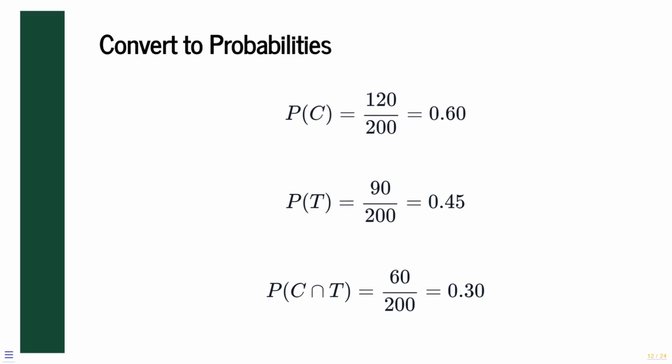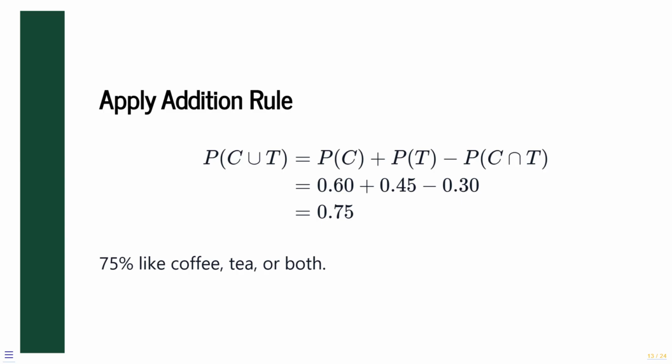We want the probability that a randomly chosen student likes coffee or tea or both. Applying the addition rule, we compute the probability of C union T as 0.60 plus 0.45 minus 0.30, which is equal to 0.75. So 75% of students like at least one of the 2 beverages.